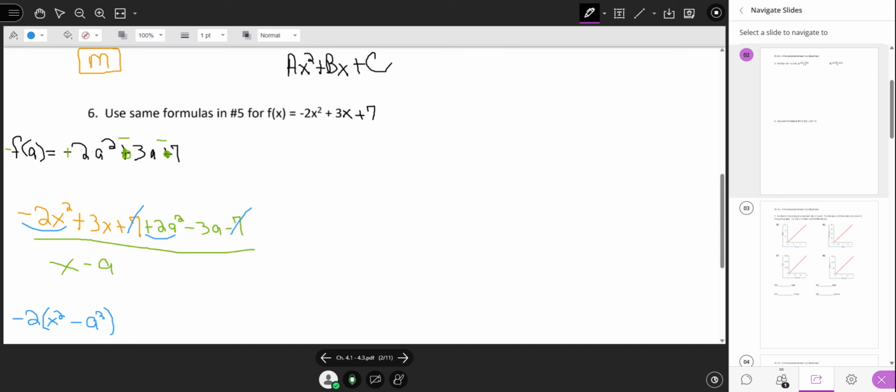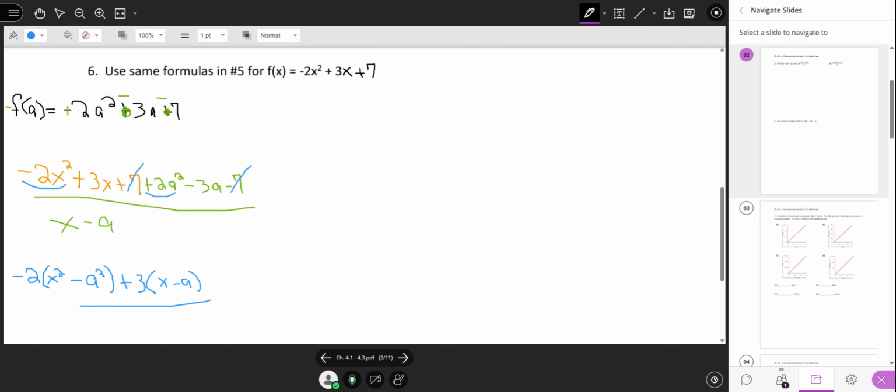That's why I said like-ish. Now, plus 3, so x minus a over x minus a.